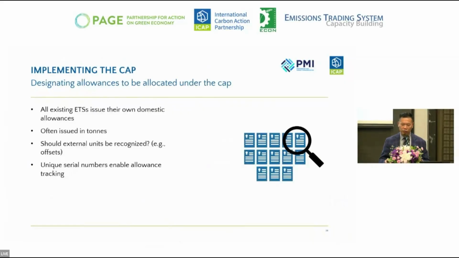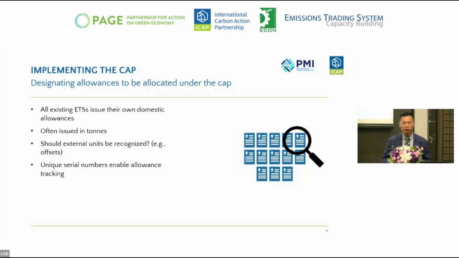And then we need to talk about the details. All the existing ETS have their own domestic allowance, and it's usually in tons. So when we talk about caps, we talk about how many allowances, and it's usually how many tons of emission.